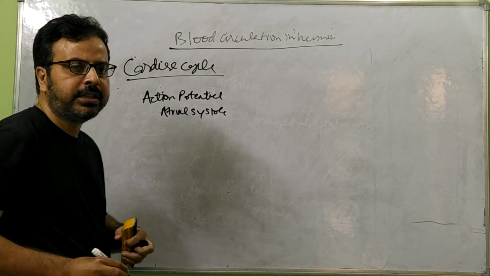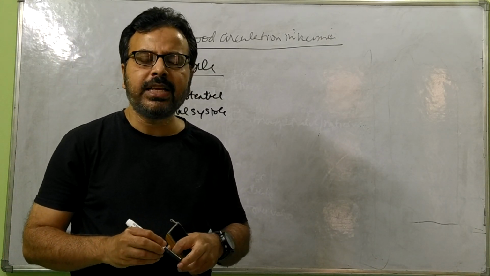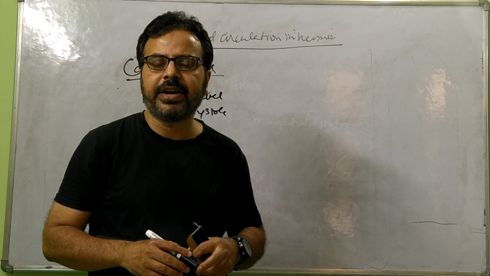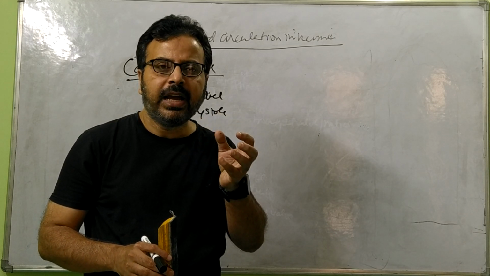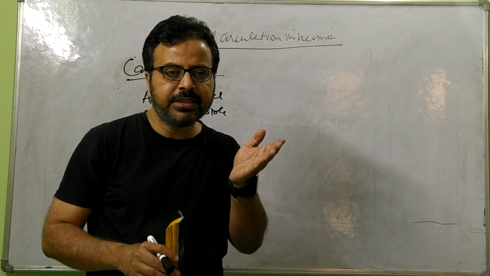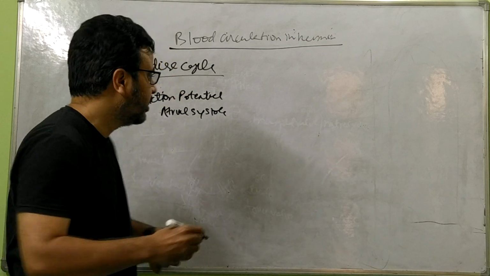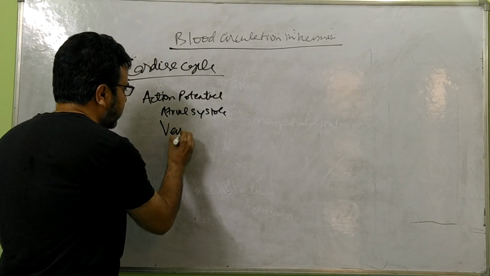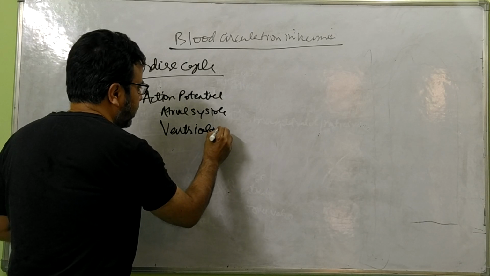The AV node is slower in the firing or rate of action potential, so it is limiting, and this leads to a delayed ventricular systole due to the pacemaker AV node.